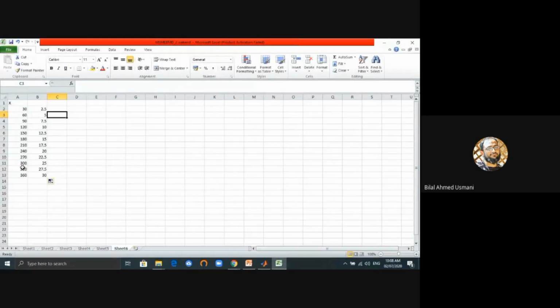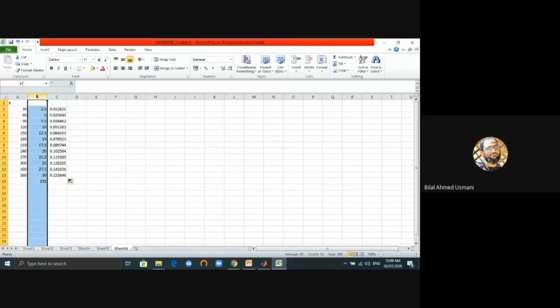So these are the frequencies, and if I divide by the sum, then these are the individual probabilities, and if I sum them, I think I've made some mistake over here. I think it should be 630.